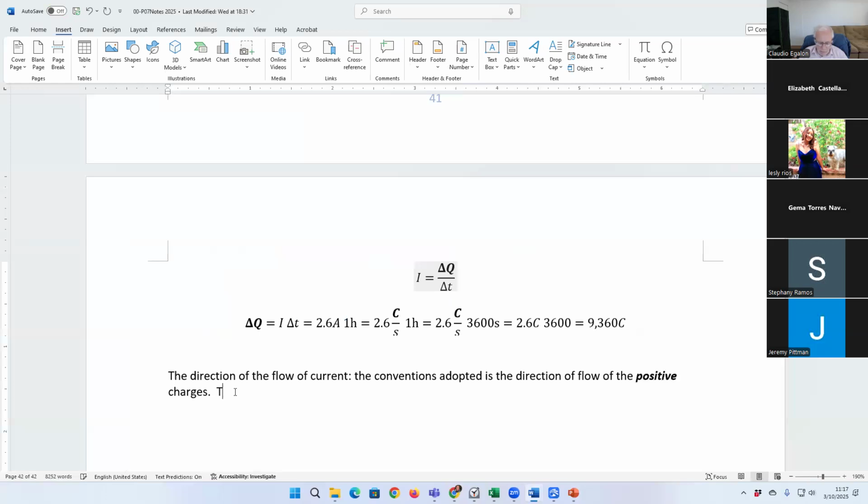This is a convention that was established in the 1700s at a time that nobody knew about the electron.